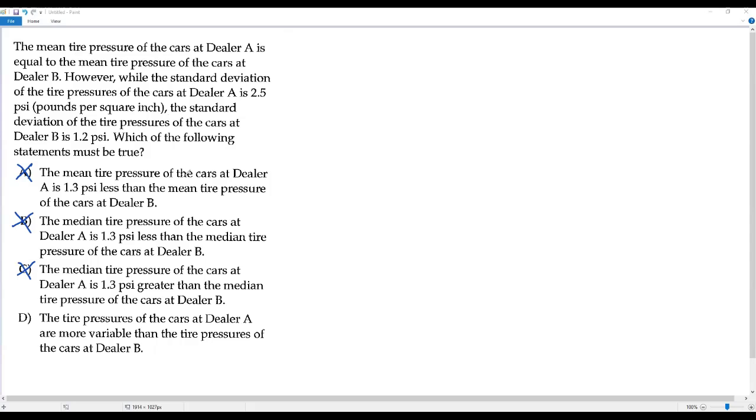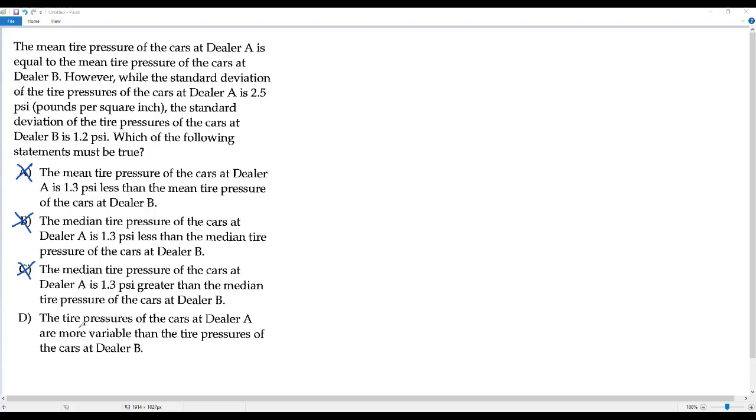If there is less standard deviation, the data is less variable. Clearly in the given information, at dealer A the standard deviation is 2.5, and at dealer B the standard deviation is 1.2. So the standard deviation at dealer A is more than at dealer B. So the data at dealer A is more variable. I mean, data means the tire pressures of the cars. The tire pressures of the cars at dealer A are more variable than the tire pressures of the cars at dealer B.